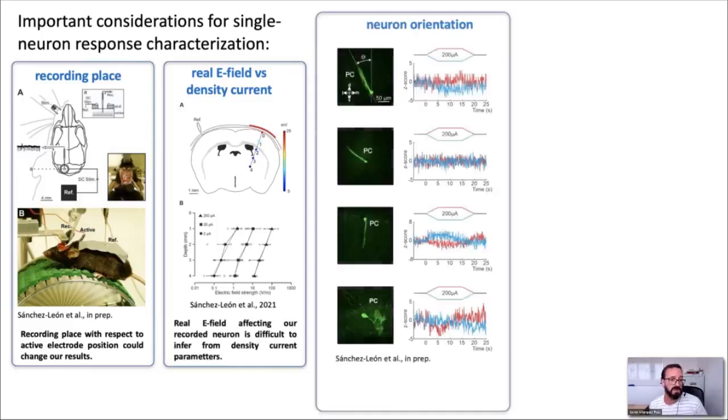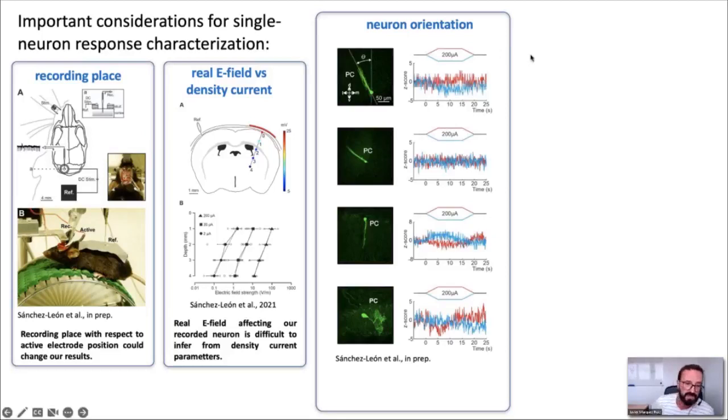Sometimes we record far away from the active electrode, so probably the intensity is not the maximum and the effect is not going to be optimized. For that reason, we need to identify the real electric field. That's something we can do in animals, because we can record this experimental electric field, and this is important because we need to validate the different diffusion models.